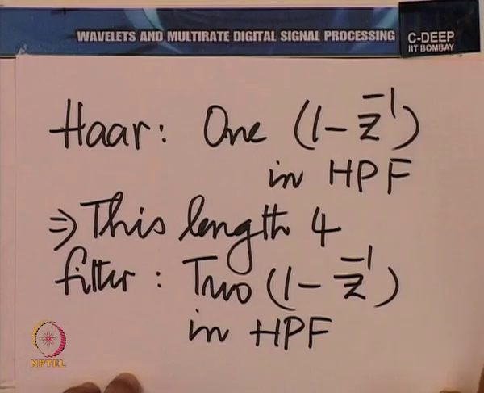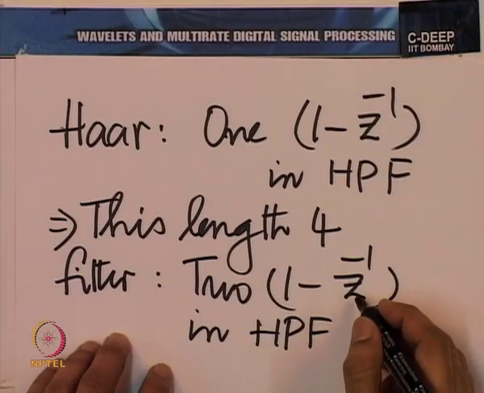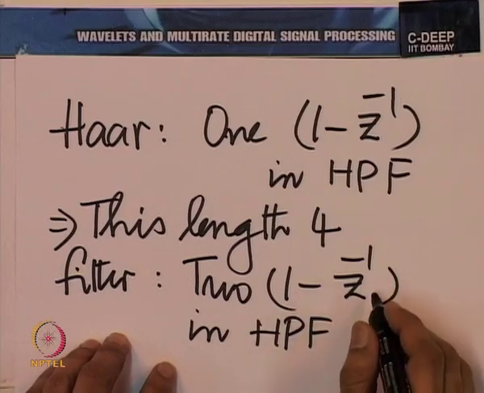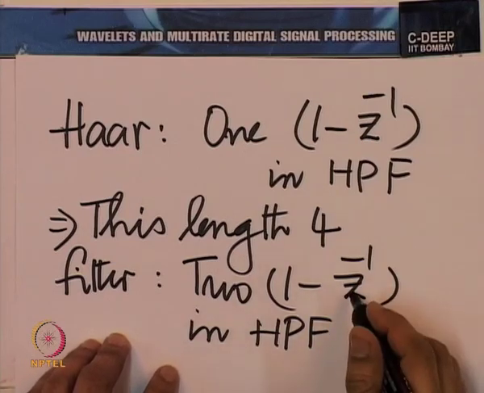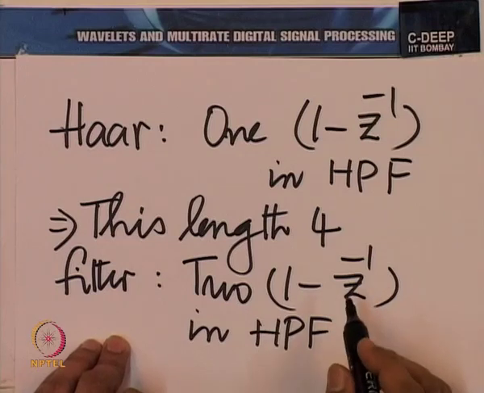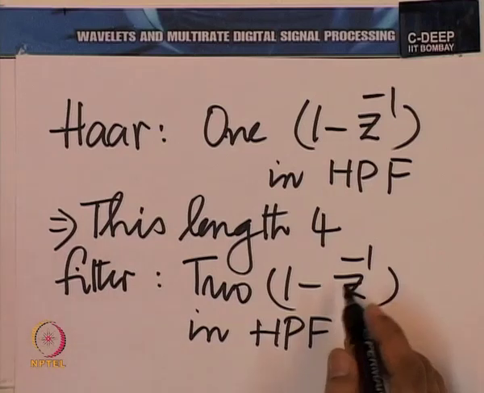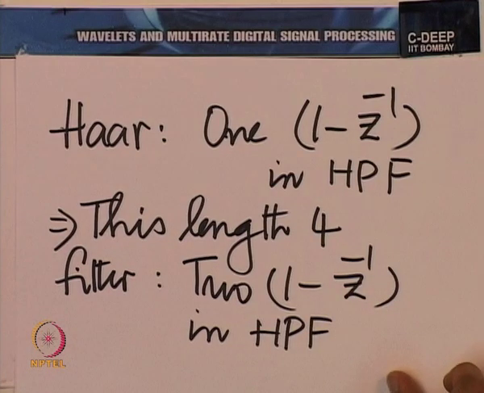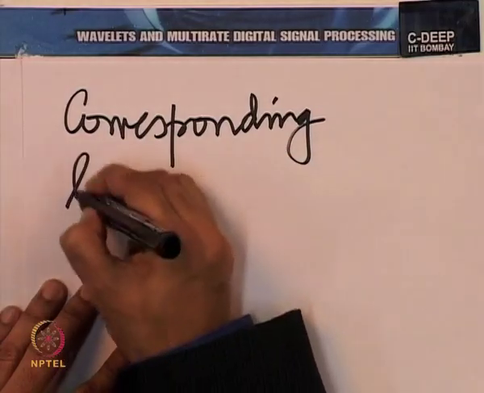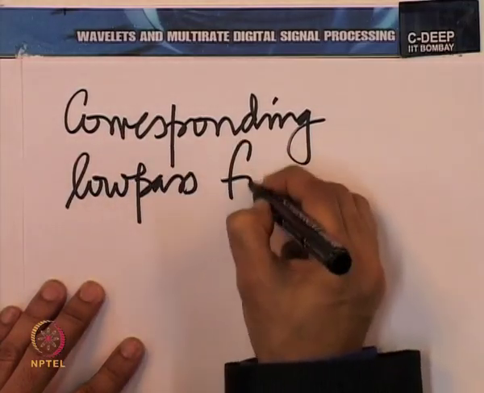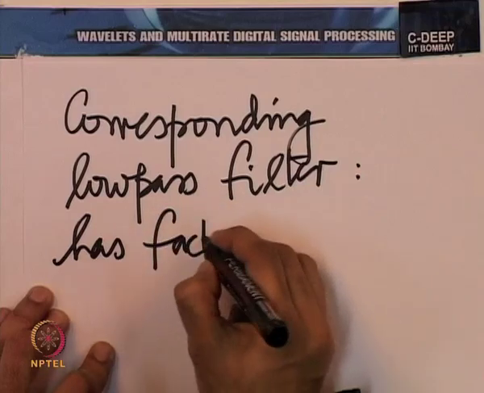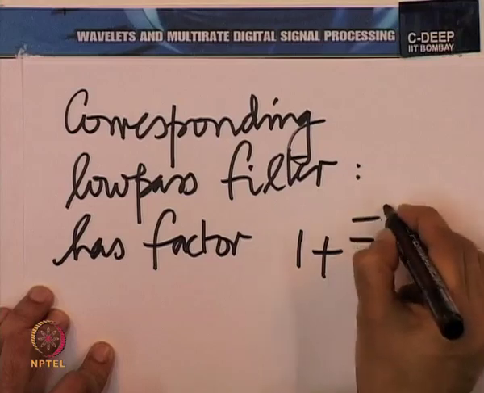And that means, you see, the high pass filter was obtained by replacing z by z inverse and then by minus z as well. So, if the z inverse part gets taken care of by the delay z raised to the power minus d, but the z replaced by minus z needs to be undone to go to the low pass, and therefore, the low pass filter would have a factor 1 plus z inverse squared.